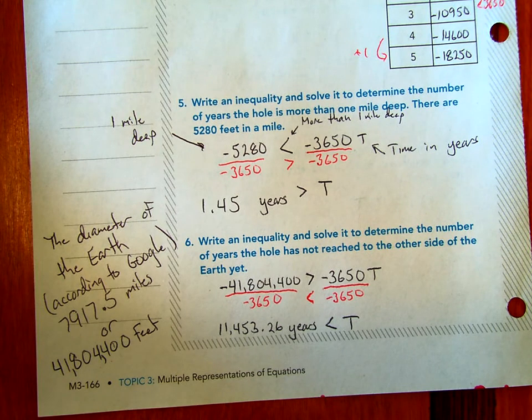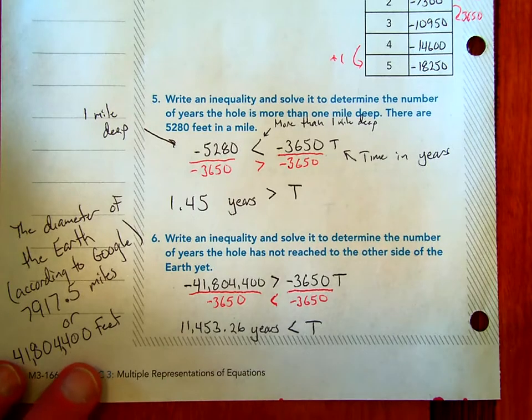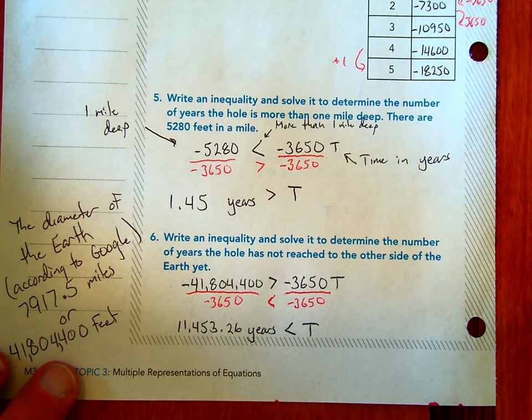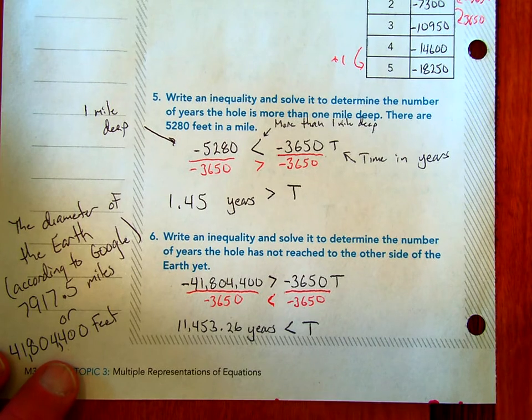So if you could dig at a rate of 10 feet per day, that's how many years it would take you to get to the other side of the planet. So if you started today, you'd finish in 11,453 years. Good luck with that.